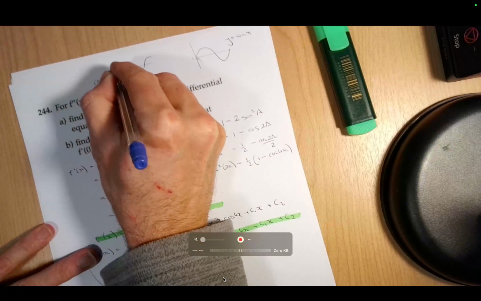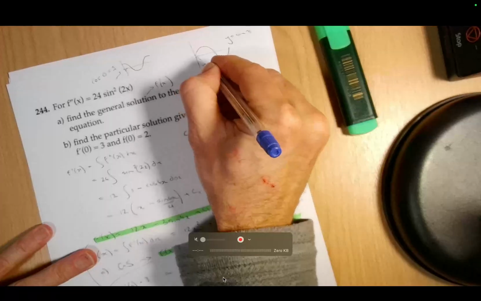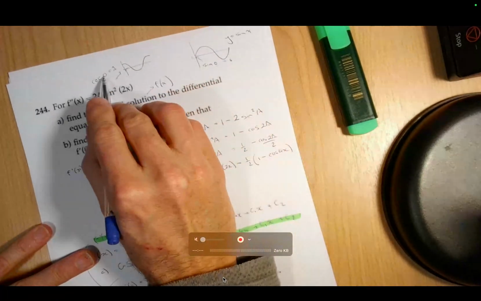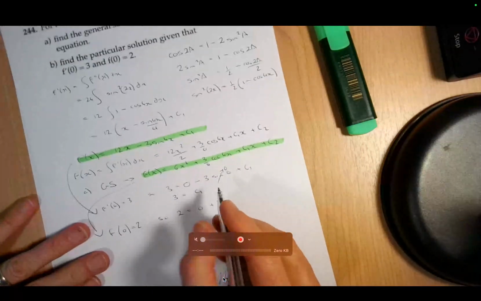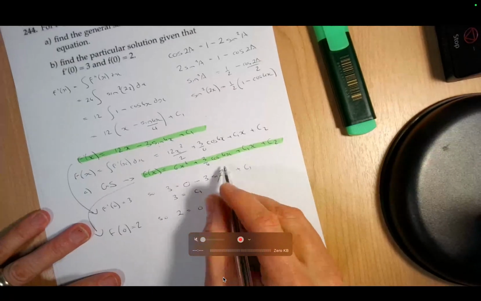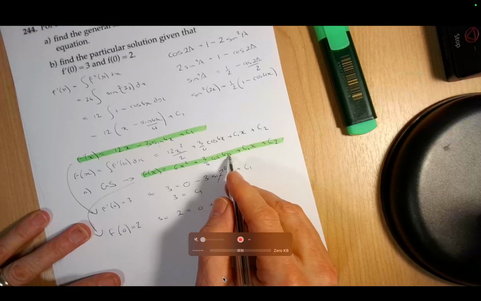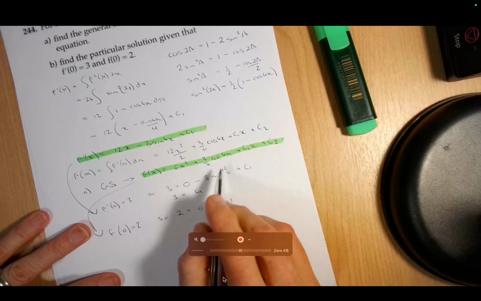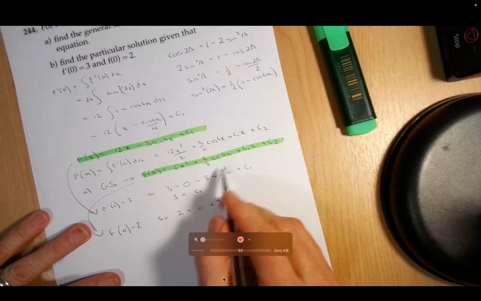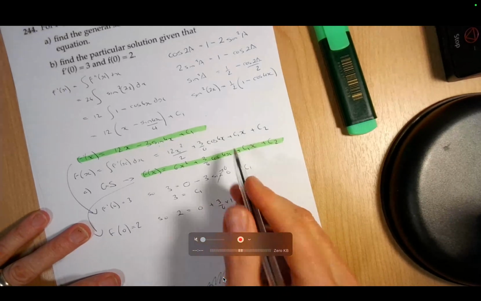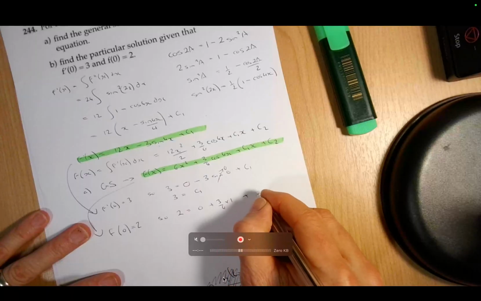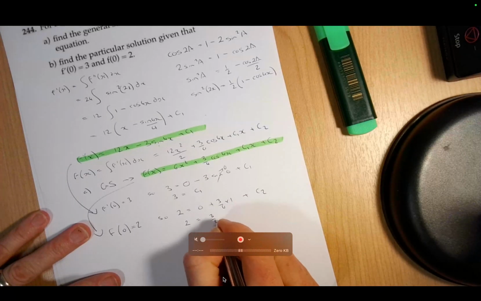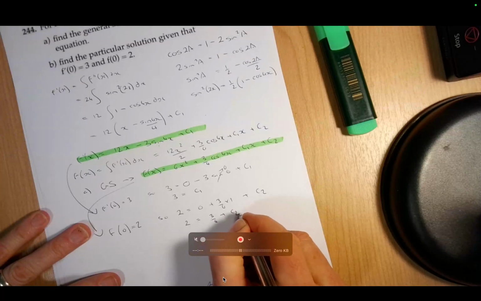Cos of 0 equals 1, whereas over here, sine of 0 was 0. Cos of 0 is 1. So that's just basically times by 1. And that there was 3 times by 0, it disappears, plus C2. So you've got 2 equals 3/4 plus C2.